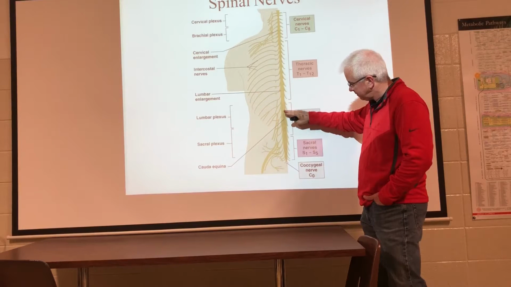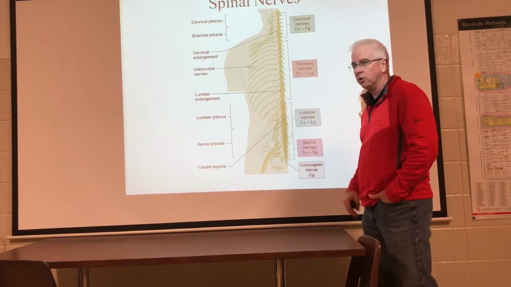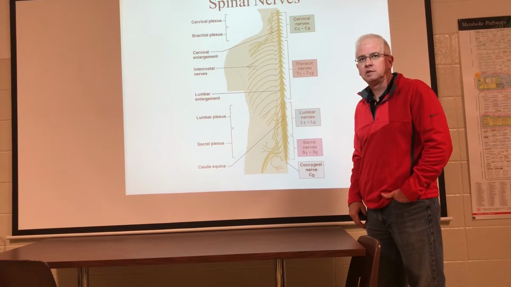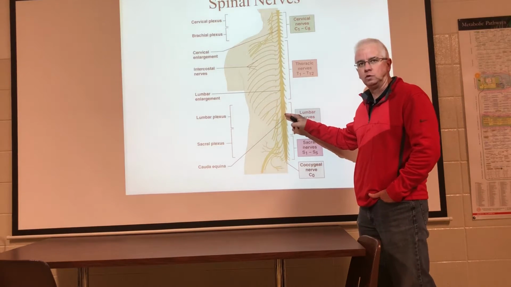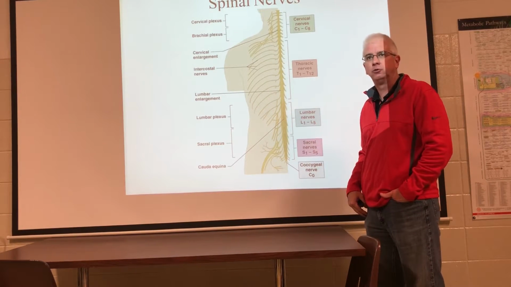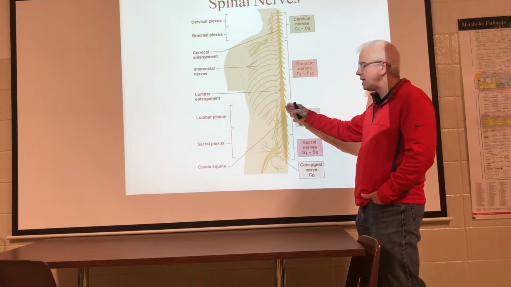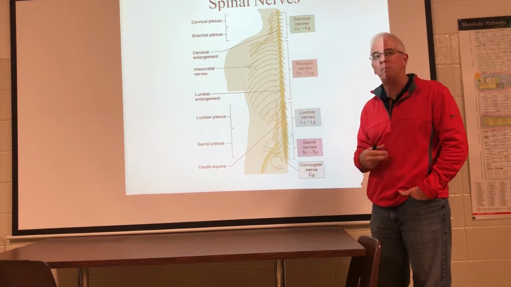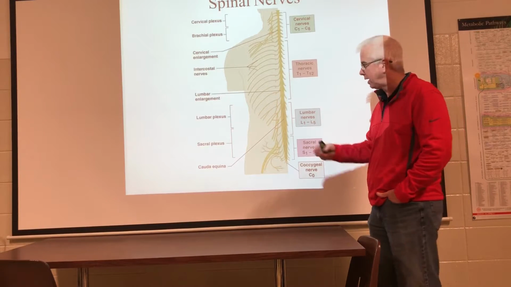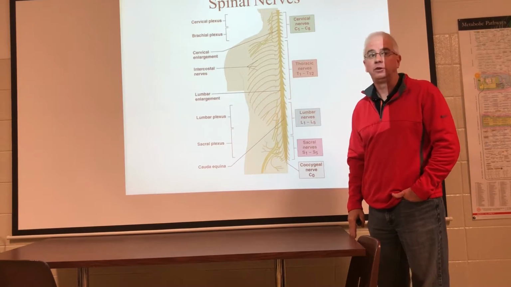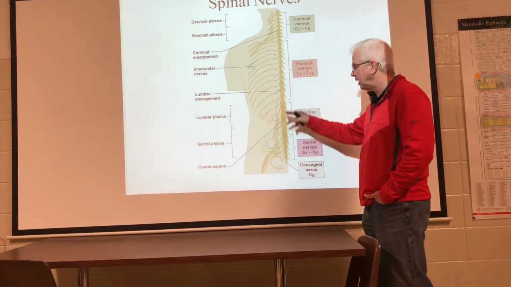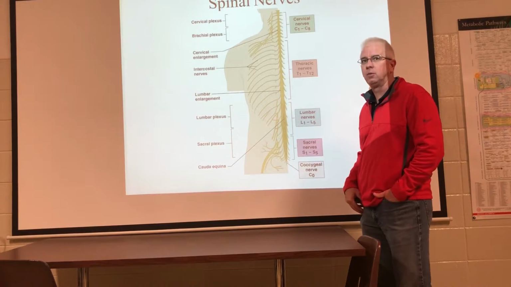And inferior to the end of the spinal cord, you do not see spinal cord proper. What you see are roots, dorsal and ventral roots. So what in fact is inside the bony canal, the vertebral canal, from L2 down to S5? And the answer is, there's no spinal cord there. It is in fact the roots of the lumbar and sacral region.